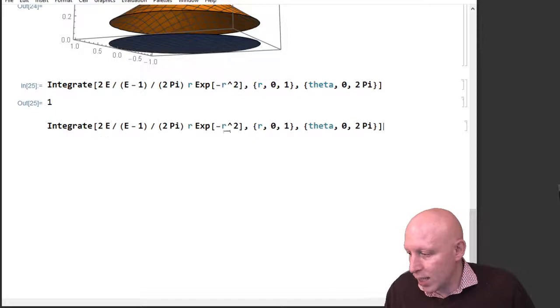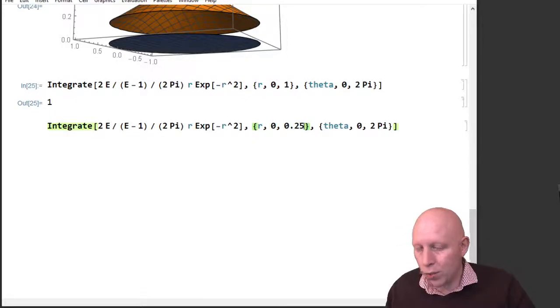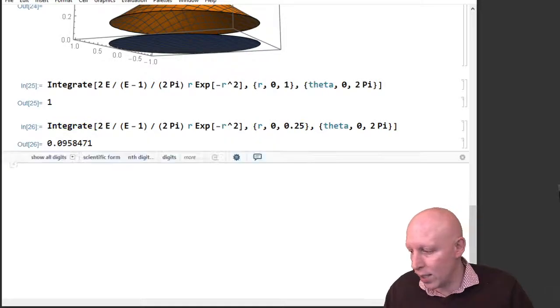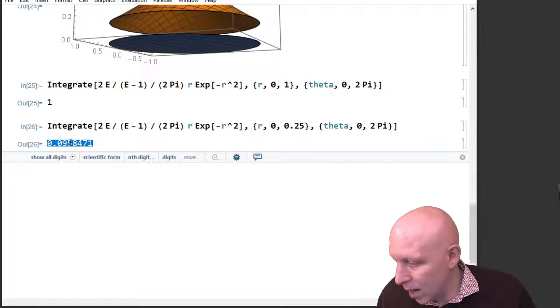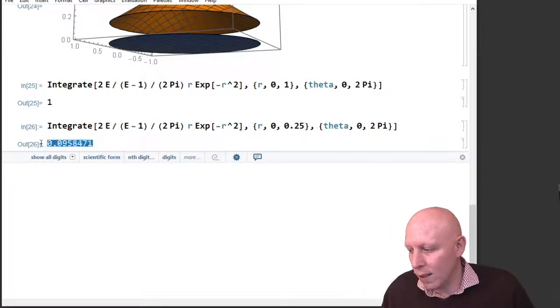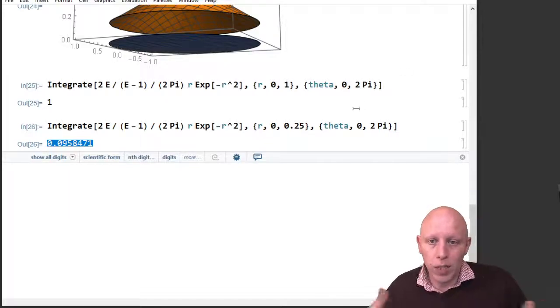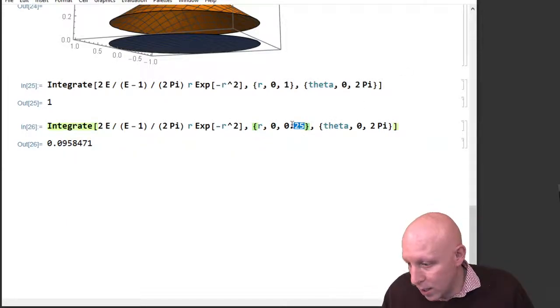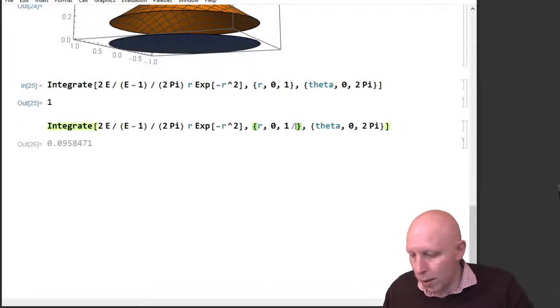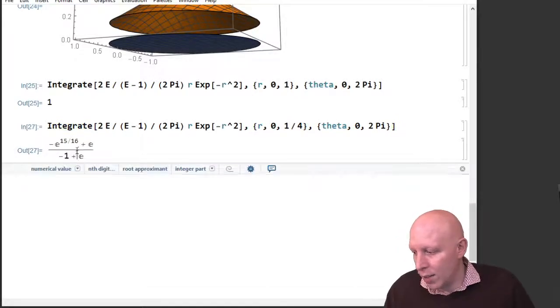But if we take this integral and instead integrate from 0 to 0.25 in terms of a radius, we get the probability of hitting somewhere in that region is about 9.6%. Let's see what happens if I put 1/4 here. It'll give us the exact value in terms of e.